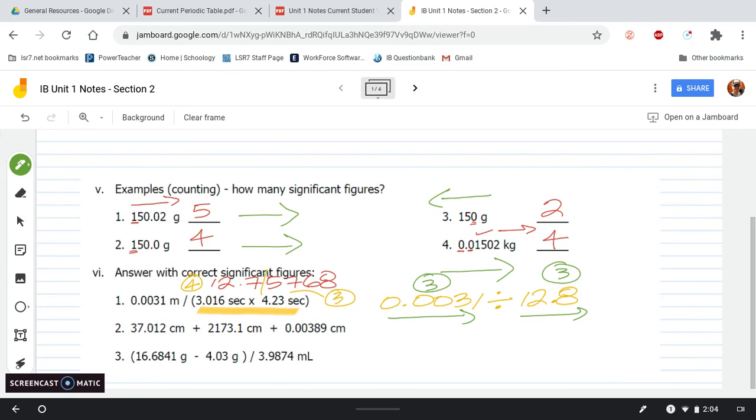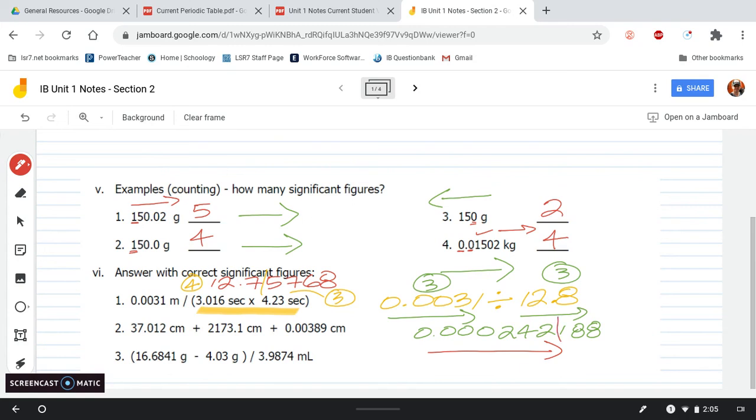Okay, so 0.0031 divided by 12.8 equals, and then we get to round that to 3 sig figs. And so I got 0.000242188. Obviously way too many, and we only get to keep 3. So I'm coming from the left side, and I don't care about those zeros.